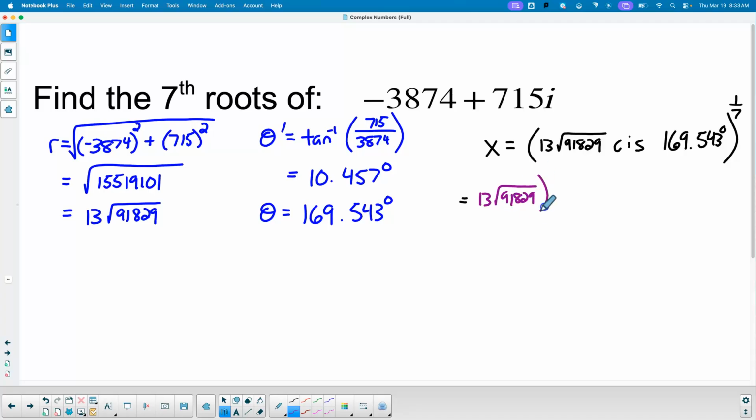Are you guys okay if I just go straight to rounding the R value? How'd you know that 13 could be pulled out?